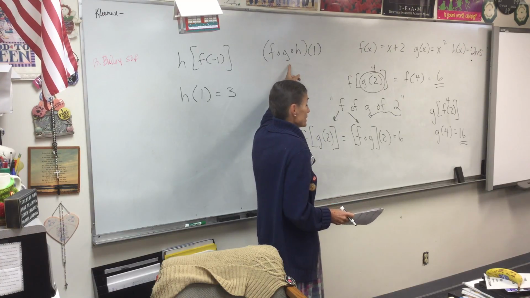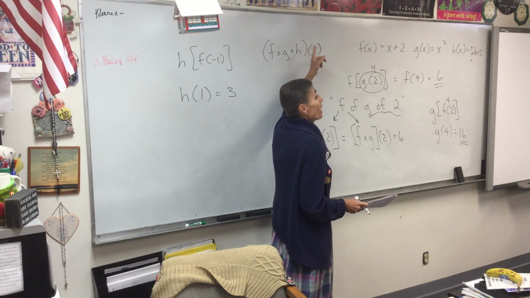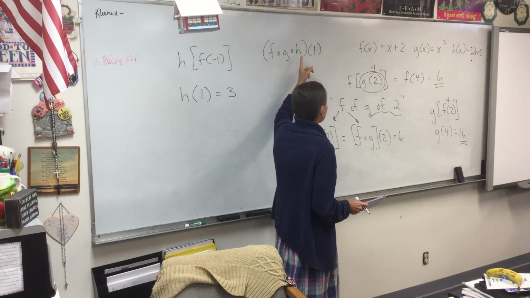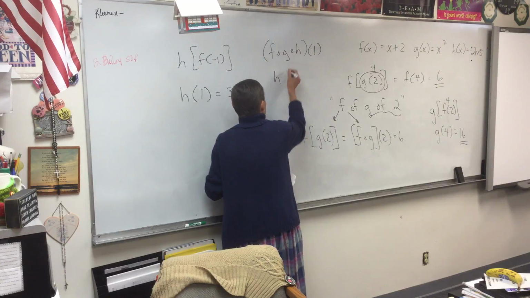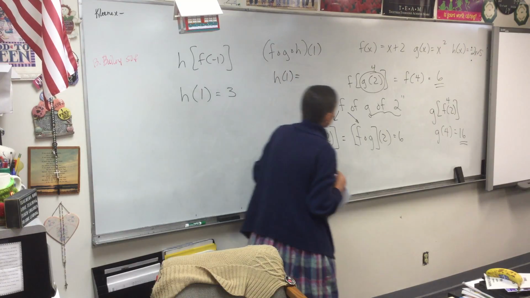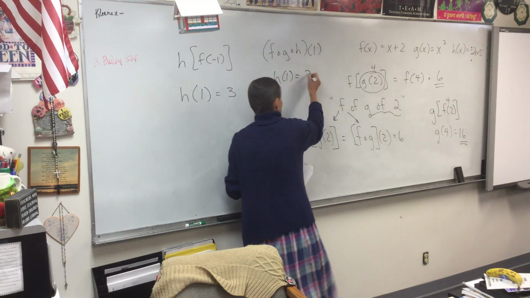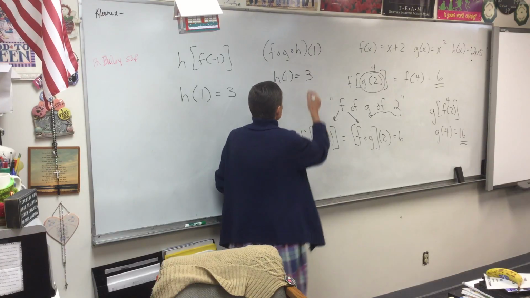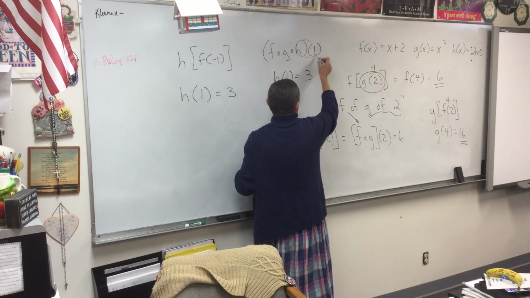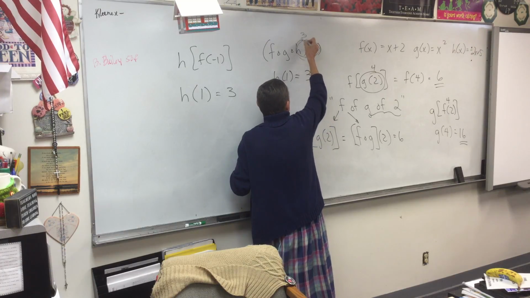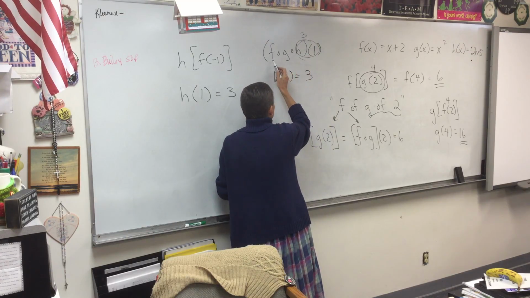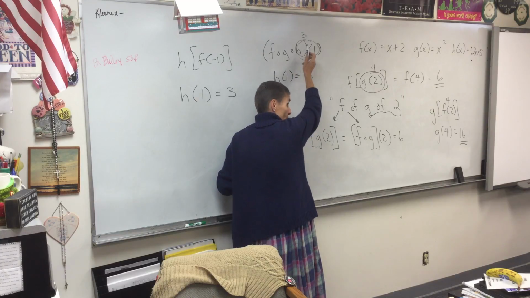Find F of G of H of 1. So you're finding H of 1 first. And so H of 1 would be 3. So this part, Lucas, equals 3. So now it says, find F of G of 3.